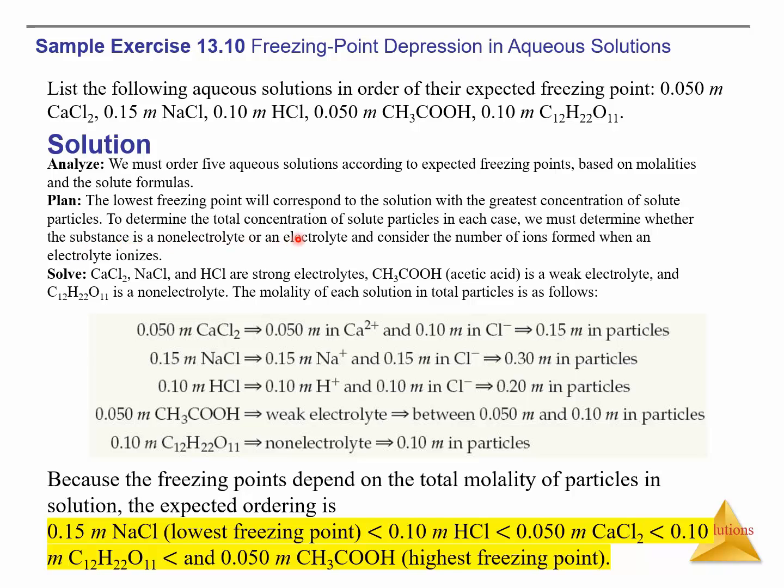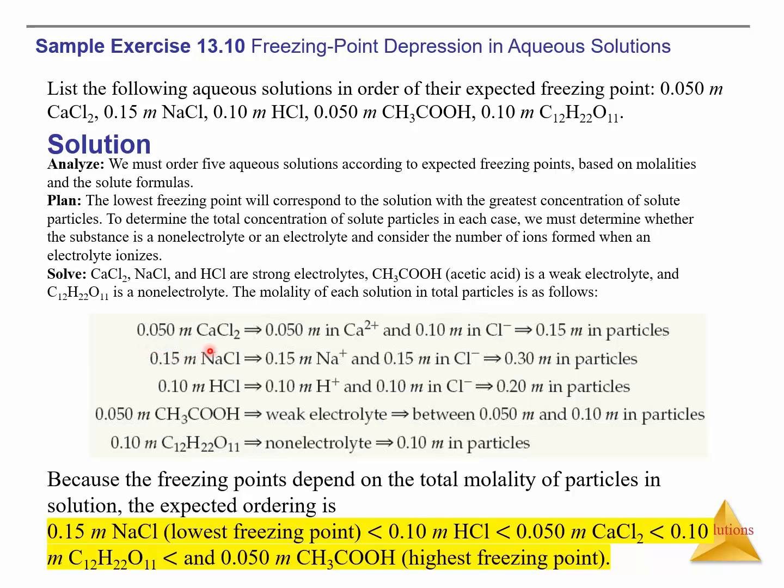To determine the total concentration of solute particles in each case, we must determine whether the substance is a non-electrolyte or an electrolyte, and consider the number of ions formed when an electrolyte ionizes. Solve. CaCl2 and NaCl are strong electrolytes, so they ionize completely, whereas acetic acid is a weak electrolyte and sucrose is a non-electrolyte. So the molality of each solution in total particles is as follows.